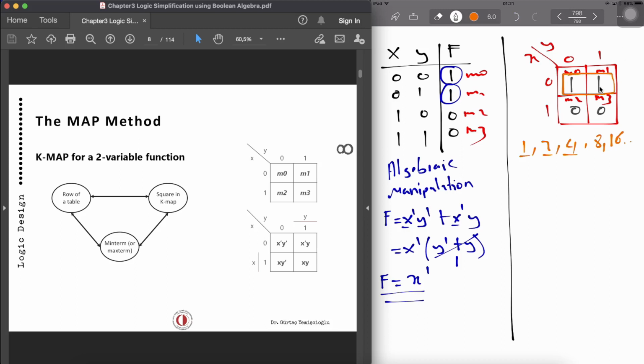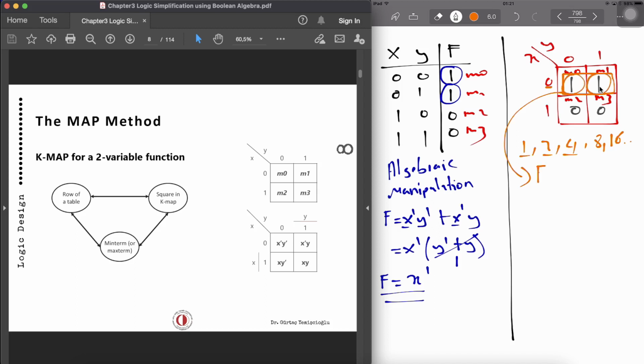Now, how do we read this? This is important. How do we read this combination? We have to look at where the variable is not changing. So when we look at this row, x is 0 at this point, and x is 0 at this point.